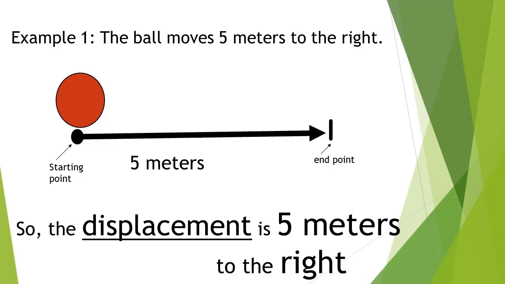It's 5 meters, right? So, the displacement is 5 meters to the right. That is how we measure displacement. 5 meters, its magnitude, and to the right, that is its direction.